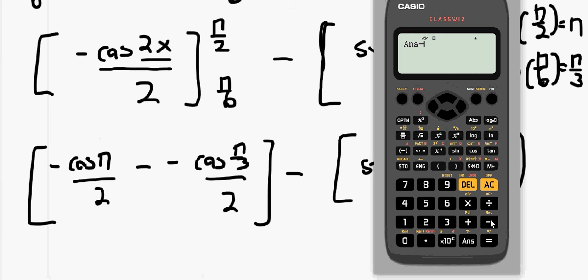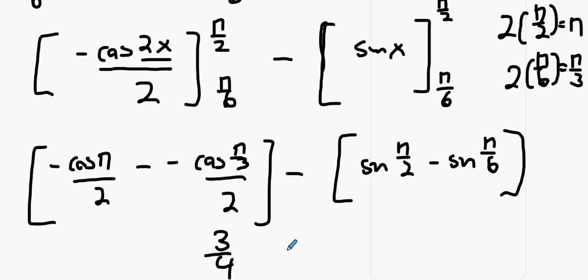Minus cos pi plus cos pi over 3. Divide the answer by 2. I'm about to get 3/4 minus 1 take away a half, I think it is.